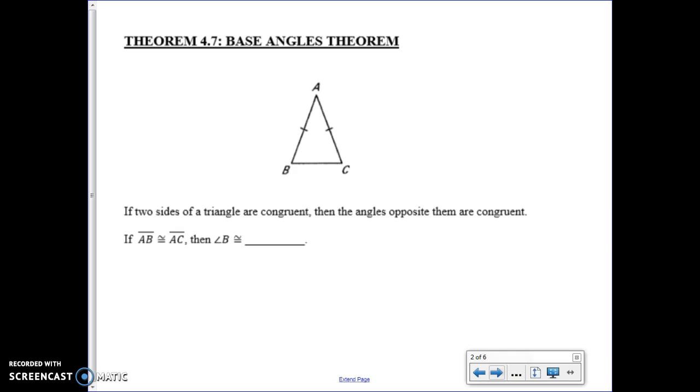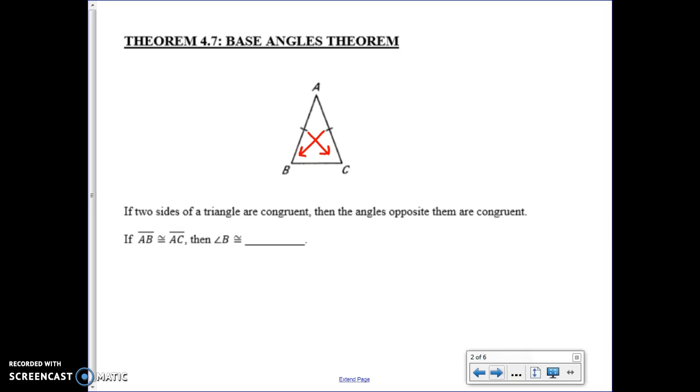The base angles theorem, that means we're talking about those base angles, says that if two sides of a triangle are congruent, then the angles opposite them are congruent. So if we know that AB and AC are congruent, then the angles opposite them will be congruent to each other.